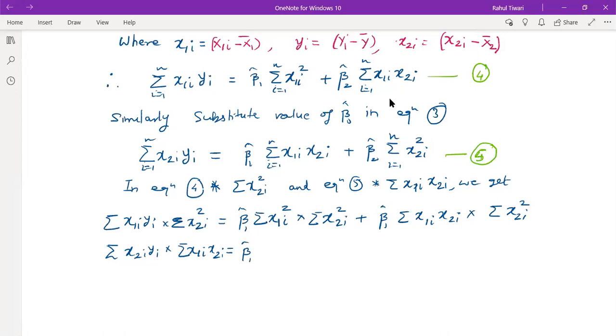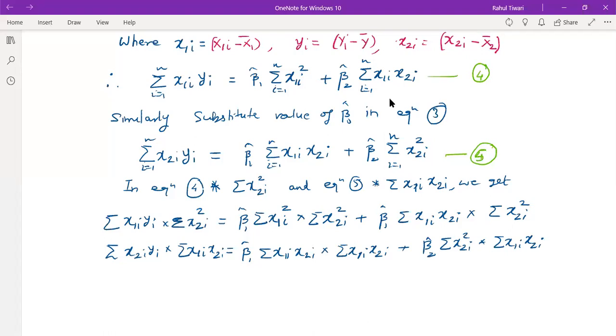So this is same, right? So this is going to become a square. Let me multiply, and then we'll do the next step, plus beta 2 hat summation x2I square. Let me know if I am making any mistakes.